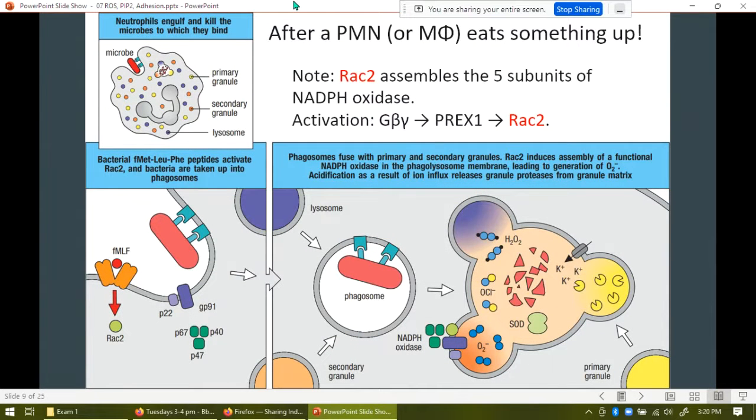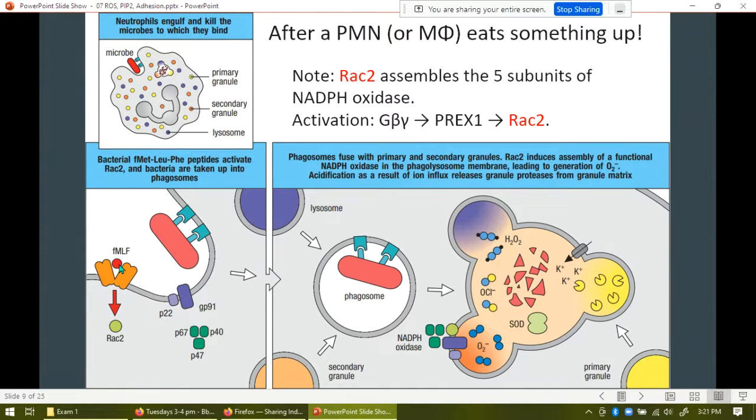This one here shows you a couple of cool things. So this is when a neutrophil eats something up, like a pathogen, right? So it takes it up through sometimes always a pattern recognition receptor. Sometimes a G protein coupled receptor is involved.